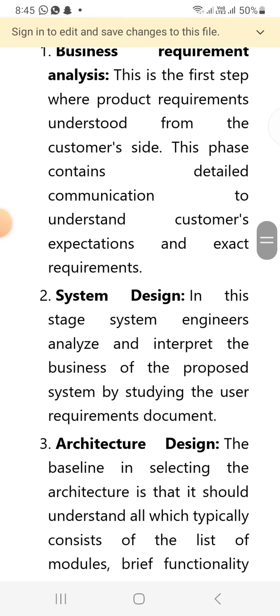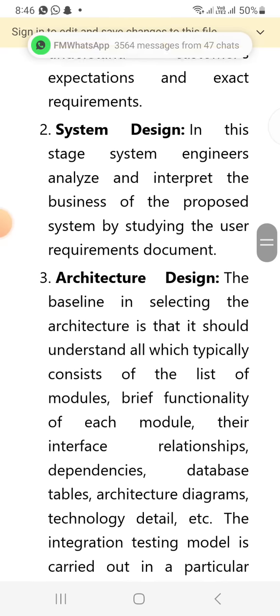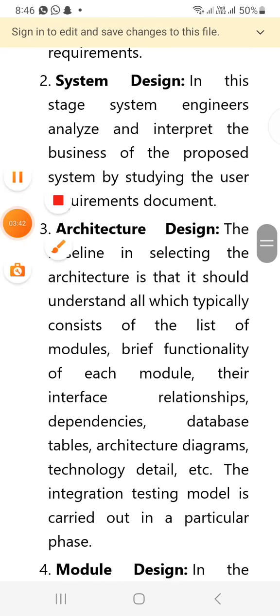So the second, also a most important phase in the V model, is system design. In this stage, system engineers analyze and interpret the business of the proposed system by studying the user requirement documents. So next, the third one is architecture design.